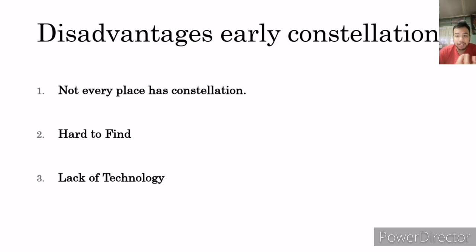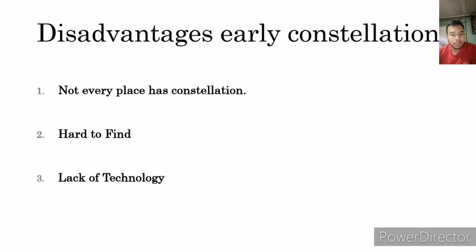For example, when sailing at sea, they must dock their ship and wait for the weather to be good, and they need to see the constellations to travel to their destination. Next is lack of technology. In the earlier age, there was no technology that could explain the details of constellations.